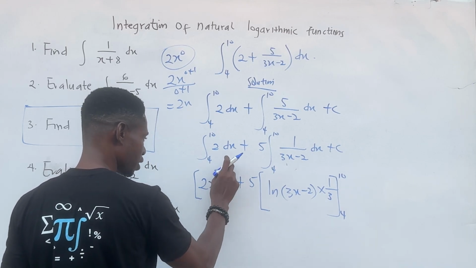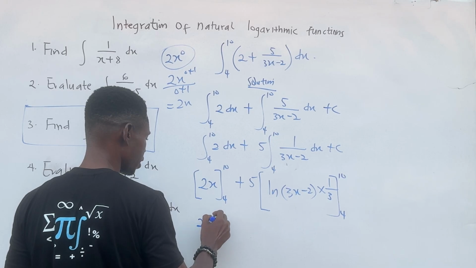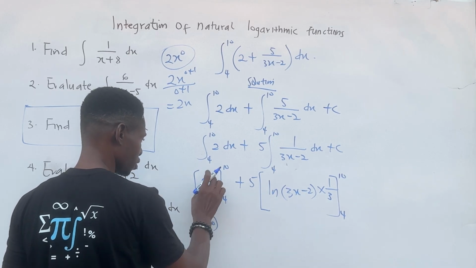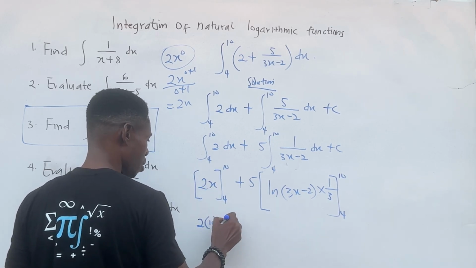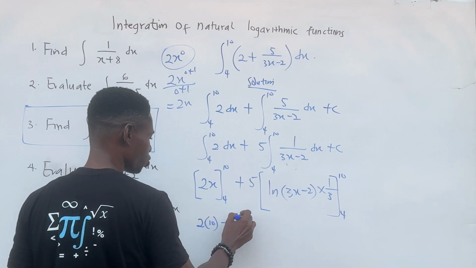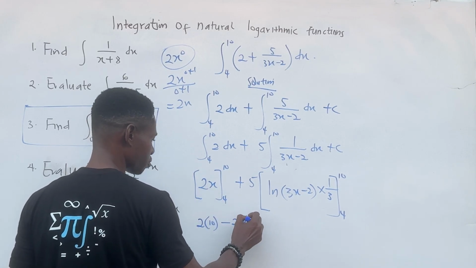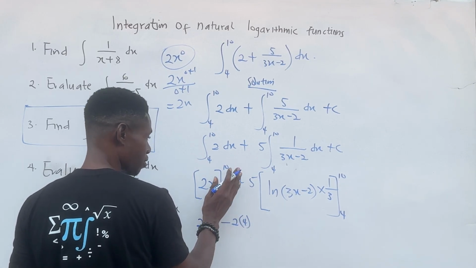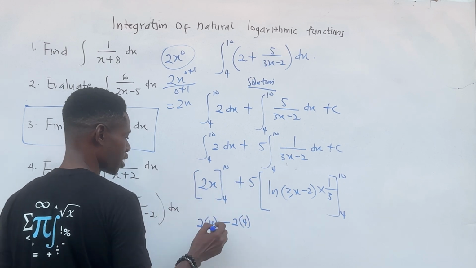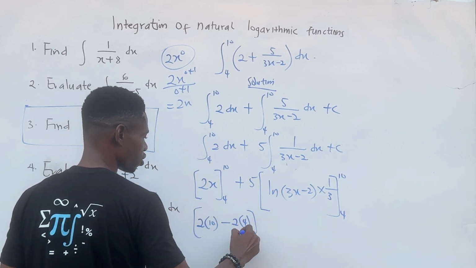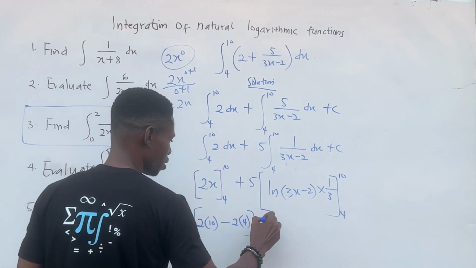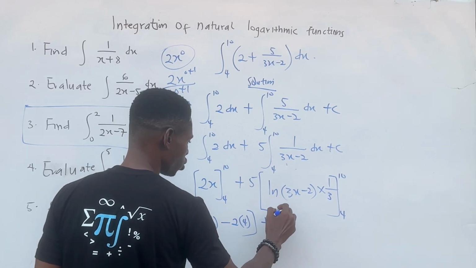Okay, so this will give us, first we replace our 10. So 2 multiplied by 10, that's 2x, x is 10, minus the second case, 2x, x is 4. So this is the first part before the plus sign. Okay, let me do it this way. So we've resolved this part. Plus, we want to resolve this other one.